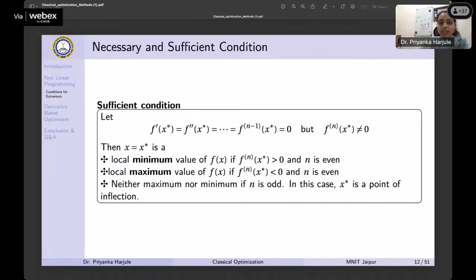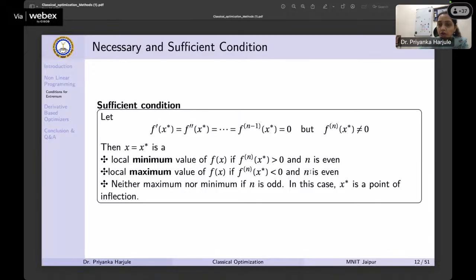The stationary point will be a local minimum if the nth derivative at that point is greater than 0 and n is even. The stationary point will be a local maximum if the nth derivative of the function at that point is less than 0 when n is even.